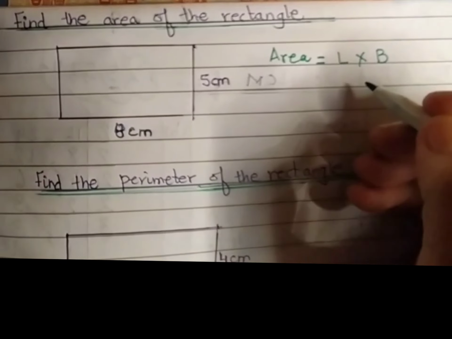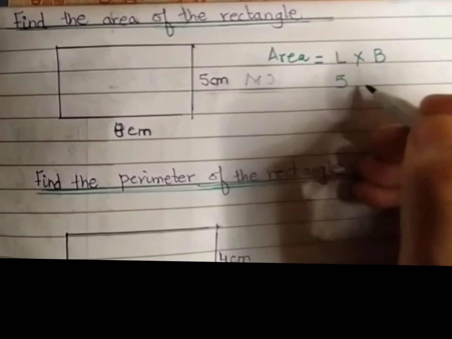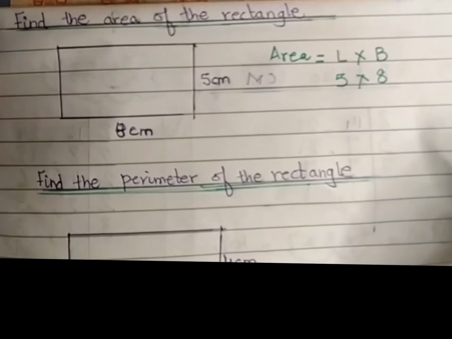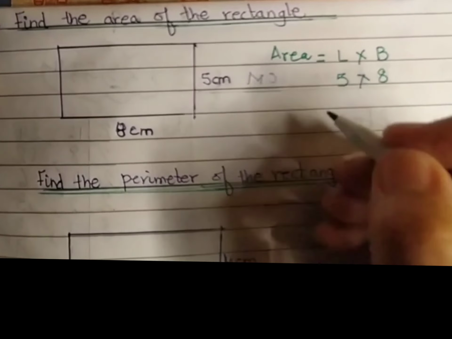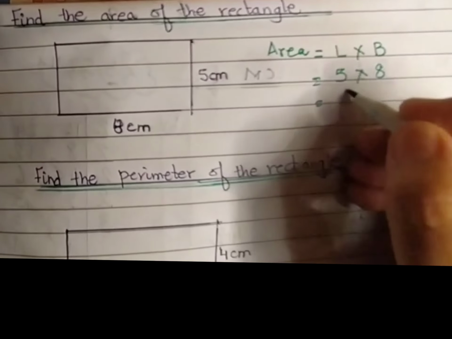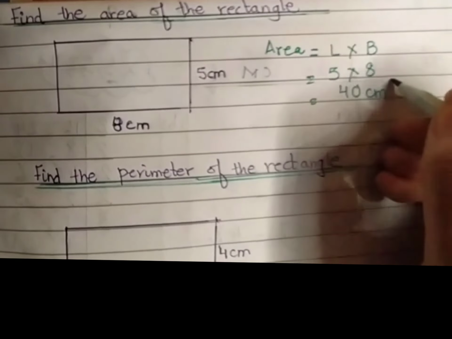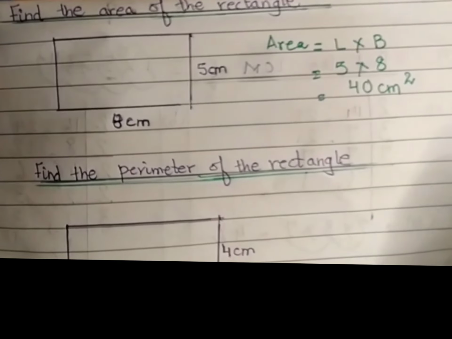So you can make your 5 as your length and 8 as your breadth. Okay, 5 times 8 is giving you 40. 40 centimeter square is going to be your answer.